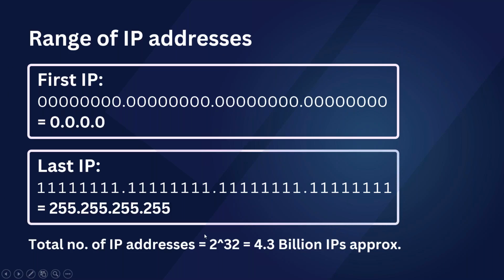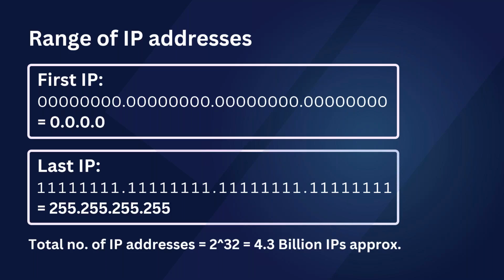Now back then when these IPs were invented in the 1950s or so, 4.3 billion IPs was definitely a very large number, subjectively speaking. But fast forward to 2024 today, the population itself is more than 8 billion people, and each person can have multiple devices, right? You could have a phone, a smartwatch, a laptop, a smart TV, and each of these devices definitely requires an IP.